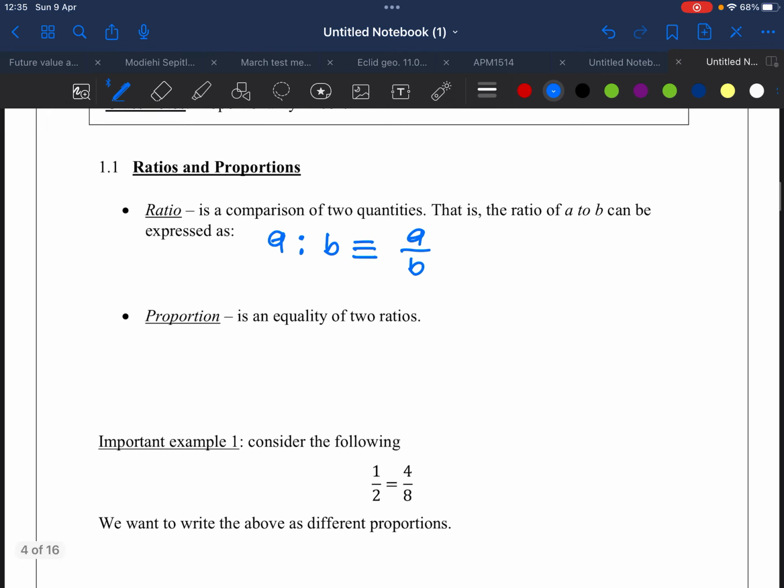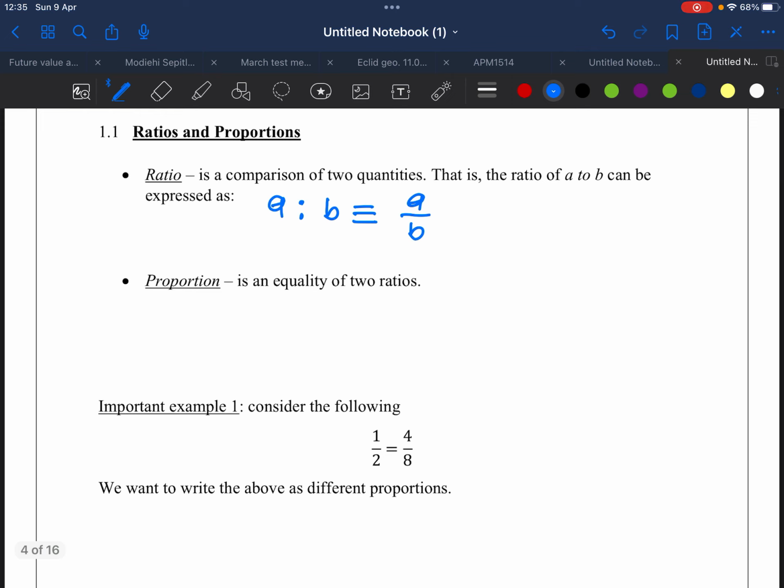But what happens when we now deal with proportion? Proportion is an equality of two ratios. That means you have, let's say, ratio 1 is 1 over 2, and ratio 2 is maybe 6 over 12.